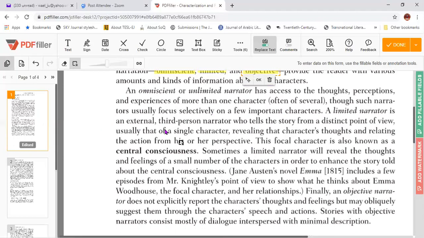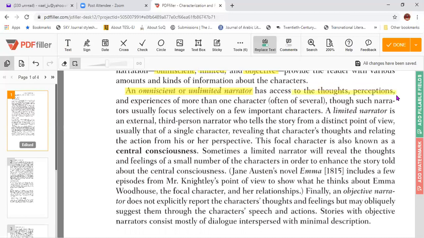So here in this part, we have an explanation of the omniscient or unlimited narrator. What does this kind of narrator do in the story? This narrator has access to the thoughts, perceptions, and experiences of more than one character, or several characters.